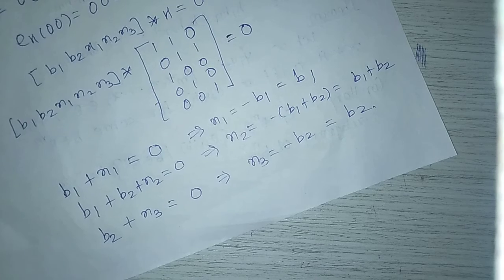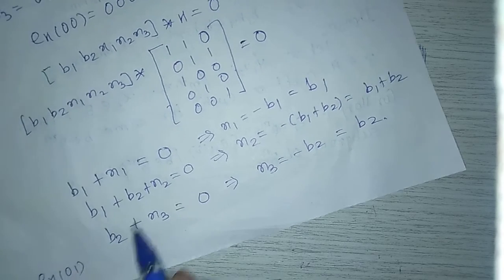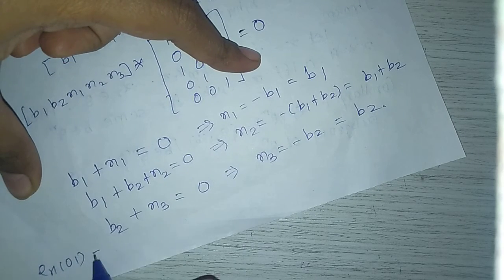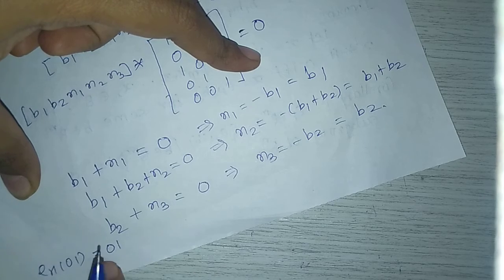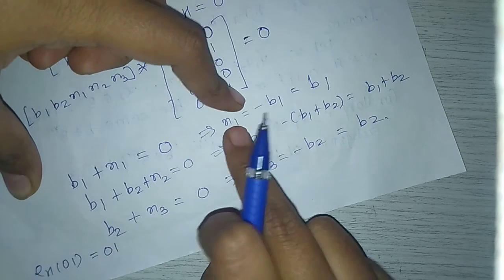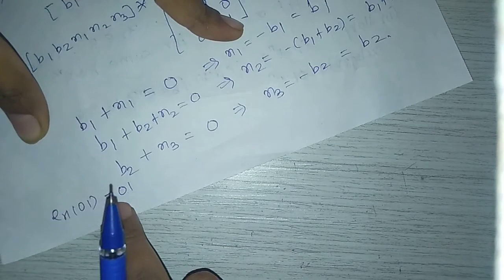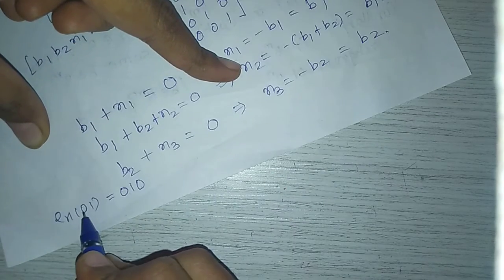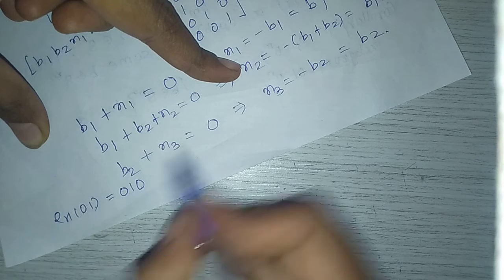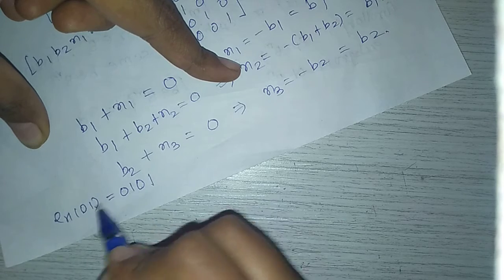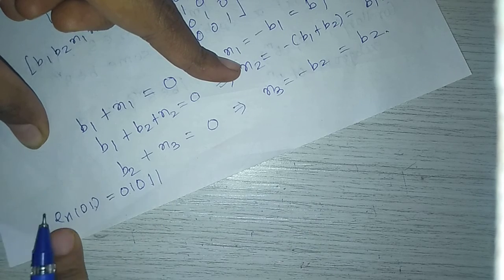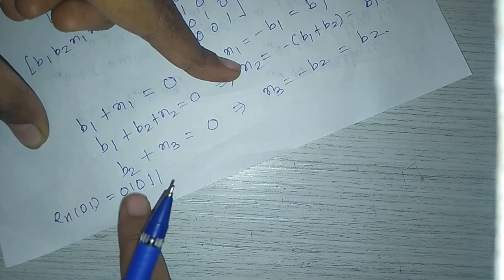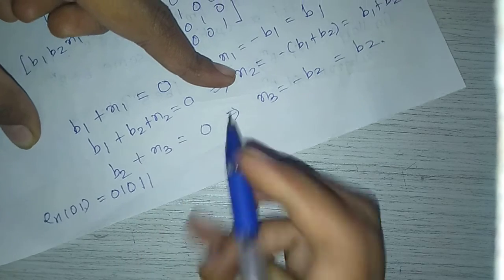Therefore, E_H of 0,1 equal to, first write 0,1, next x1, x2, x3. x1 is b1, here b1 is 0. x2 is b1 plus b2, b1 is 0, b2 is 1, so b1 plus b2 is 1. x3 is b2, 1. So E_H of 0,1 equal to 0, 1, 0, 1, 1.